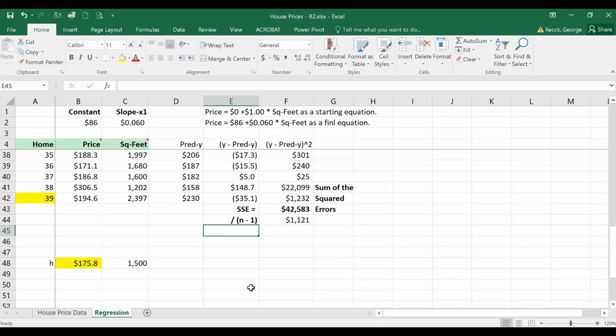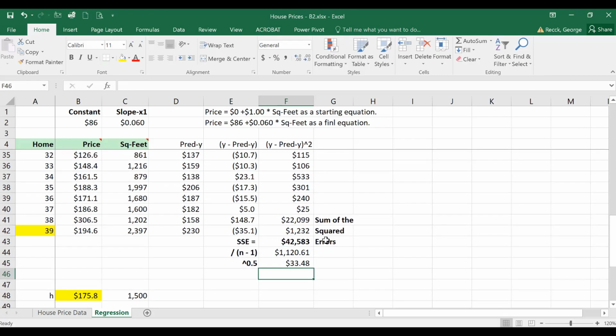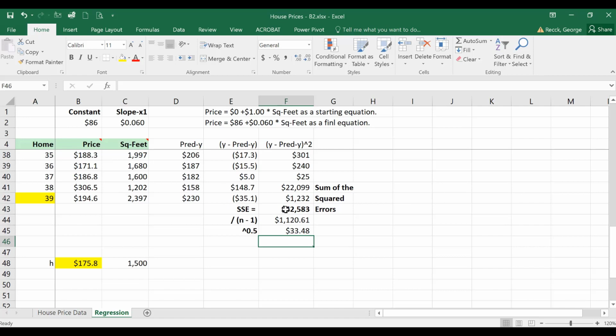The next thing I'm going to do is raise that to the 0.5 power, which essentially means, little format painter there again, when I raise that value that we just calculated to the 0.5, I'm taking the square root of it. And so, we'll make these bold as well.